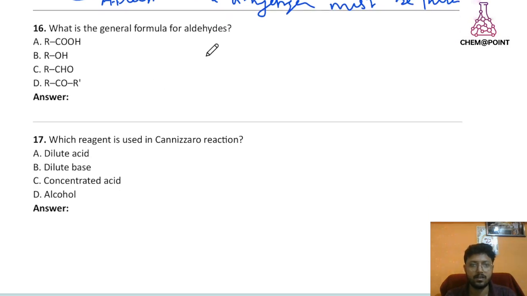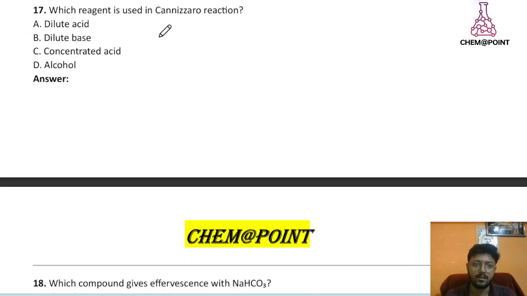What is the general formula of aldehyde? RCHO. Already discussed this point. Which reagent is used in the Cannizzaro reaction? Base, option B. In the Cannizzaro reaction, base is used.